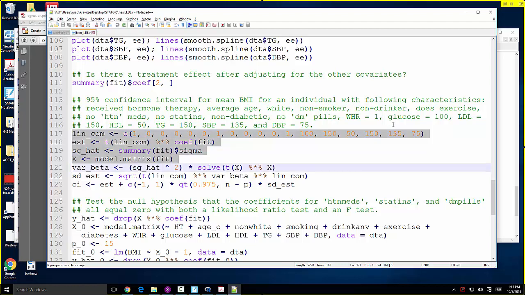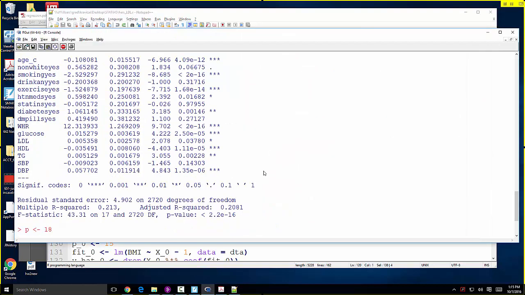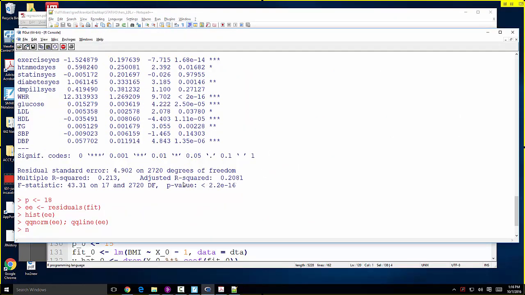So here's the estimate. I pulled out the estimate of the residual standard deviation. When we do summary fit in R, one of the things it spits out for us is this number here, which is the estimated sigma for the residual distribution.